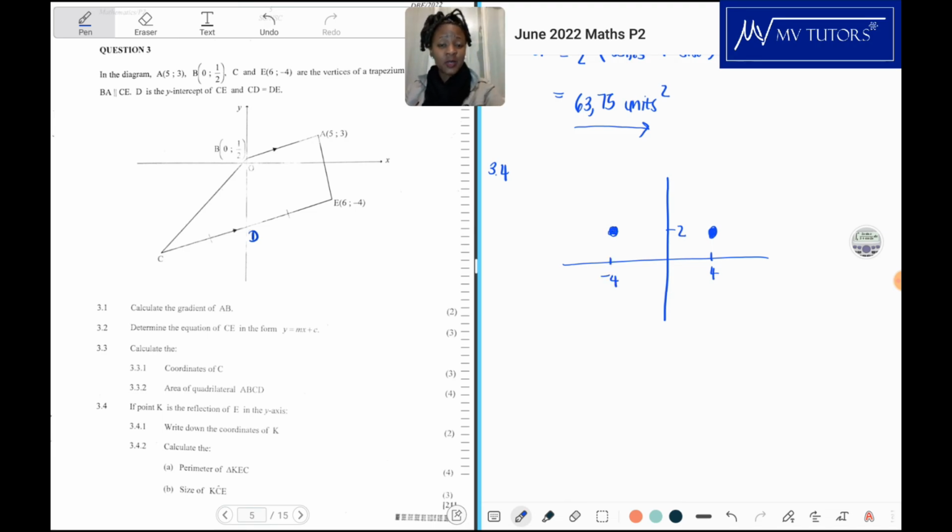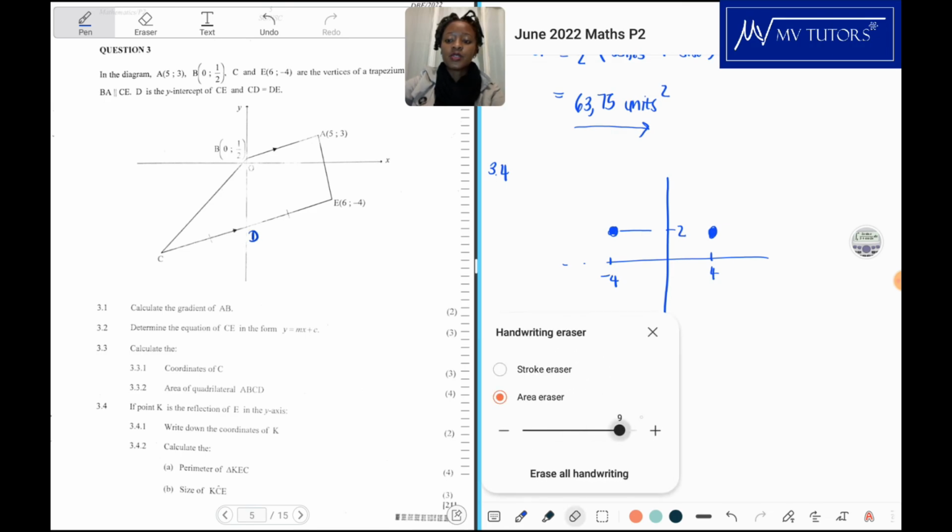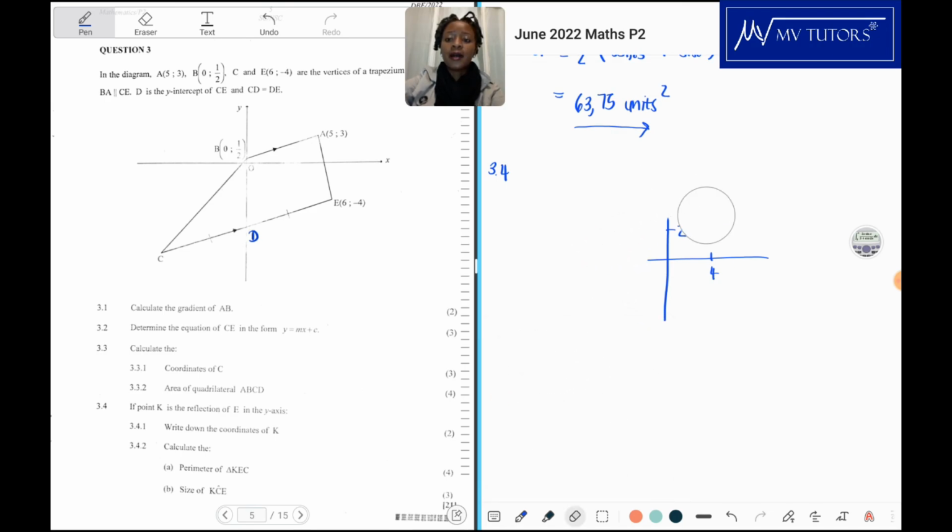It's the same value, 4, but it's negative, but your y value remains. So a reflection about the y-axis means your x values get a negative, but your y values remain the same. So I don't really have to sketch it for you, but I just wanted to show you that the y value remains the same and the x gets a negative.